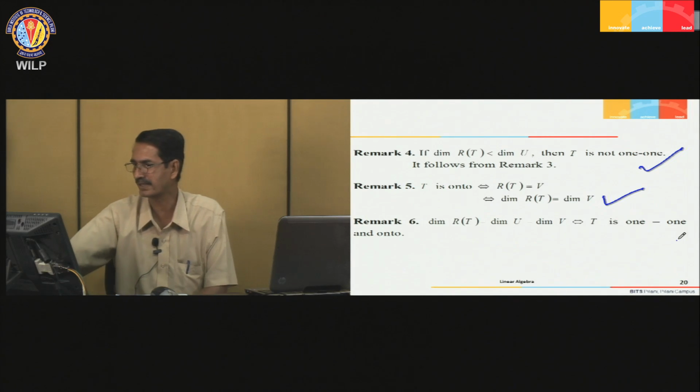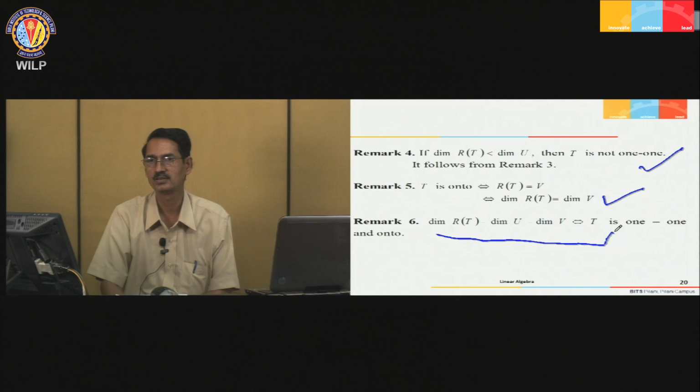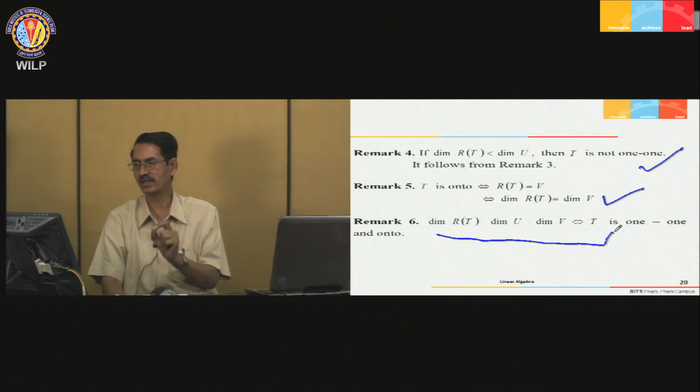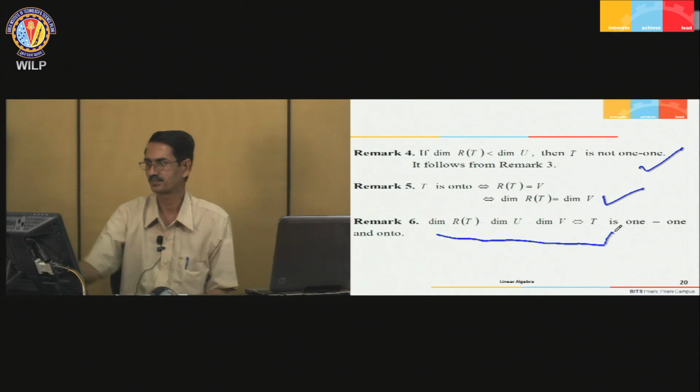Therefore, T is 1-1 and onto if and only if dimension of range space of T is equal to dimension of U is equal to dimension of V.